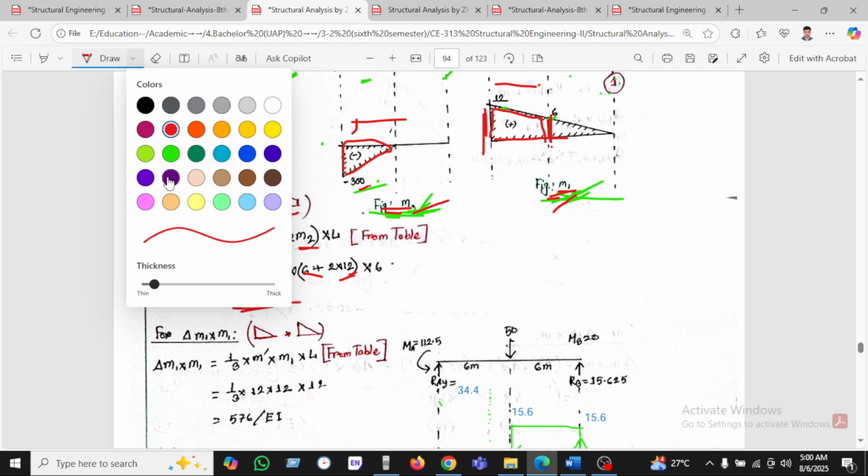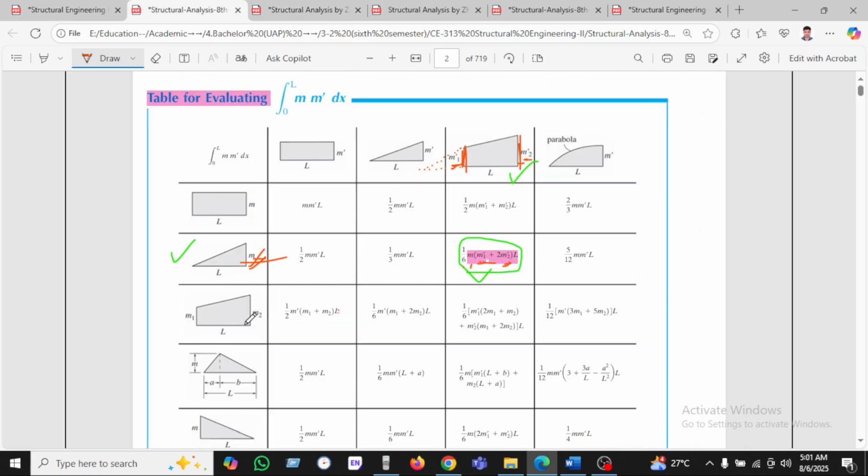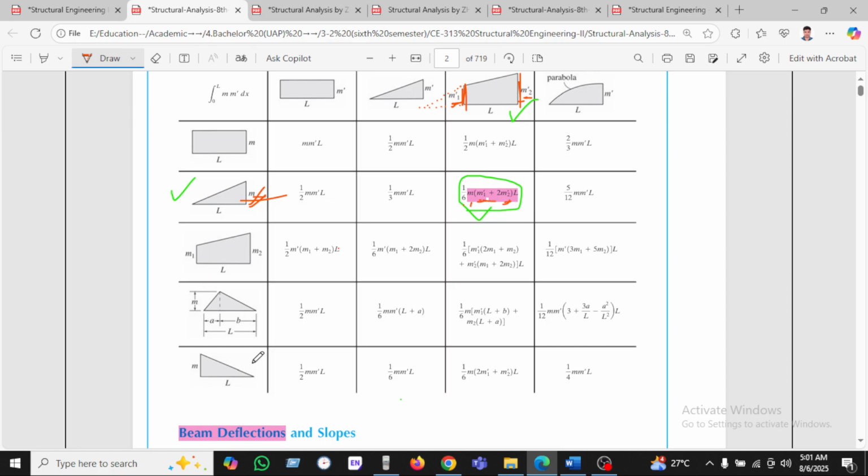I'm just changing color. This diagram will be 2 times. If we go to the diagram sheet, this is a triangle in the vertical axis, and this is also a triangle.